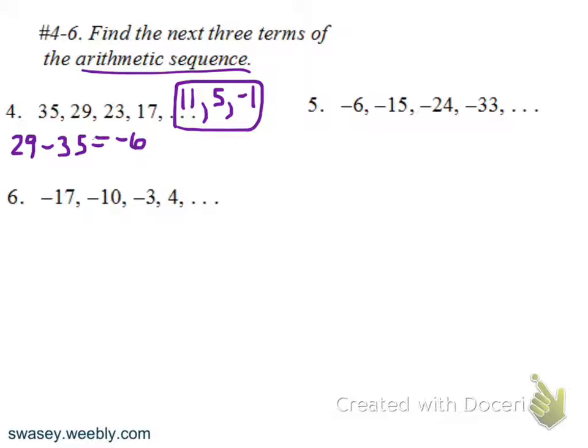Then we already know it's an arithmetic sequence, so you can do the subtraction one time to figure out the common difference. Negative 15 minus negative 6, negative 15 plus 6, which is negative 9. So then we can do negative 33 plus negative 9 and get negative 42.